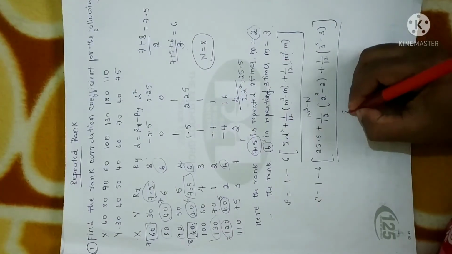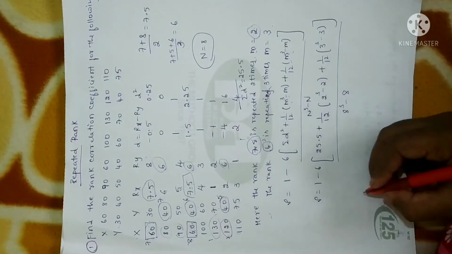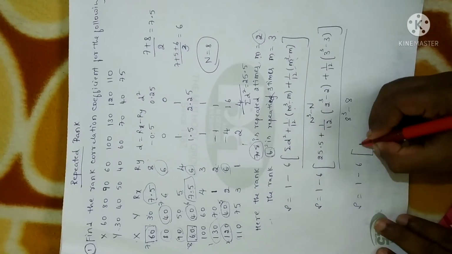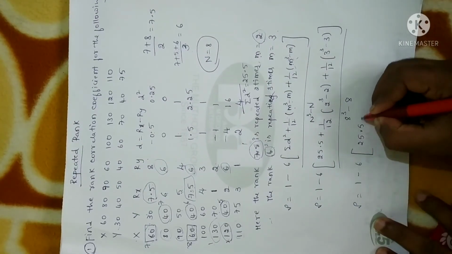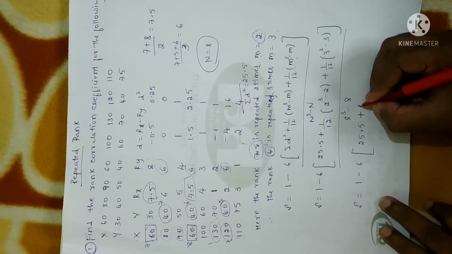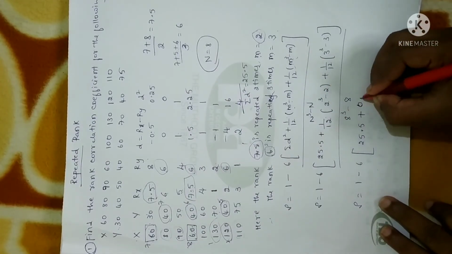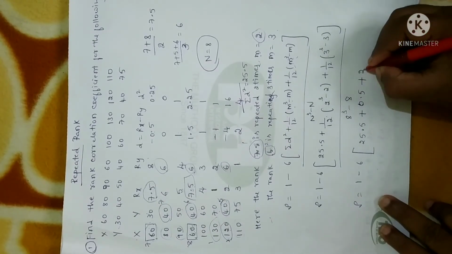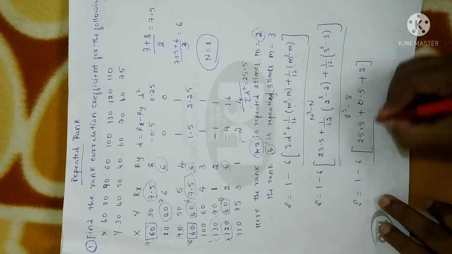You just substitute 8 here, 8 cube minus 8. So let me simplify: 1 minus 6 into 25.5 plus, 2 cube is 8 minus 2 divided by 12 is 6 by 12, it is 0.5, plus 24 by 12 here, so you will get 2 here, divided by 504.